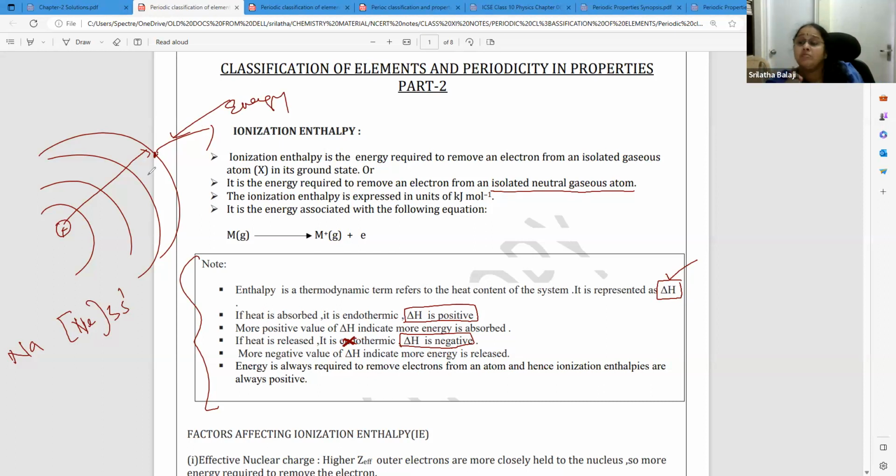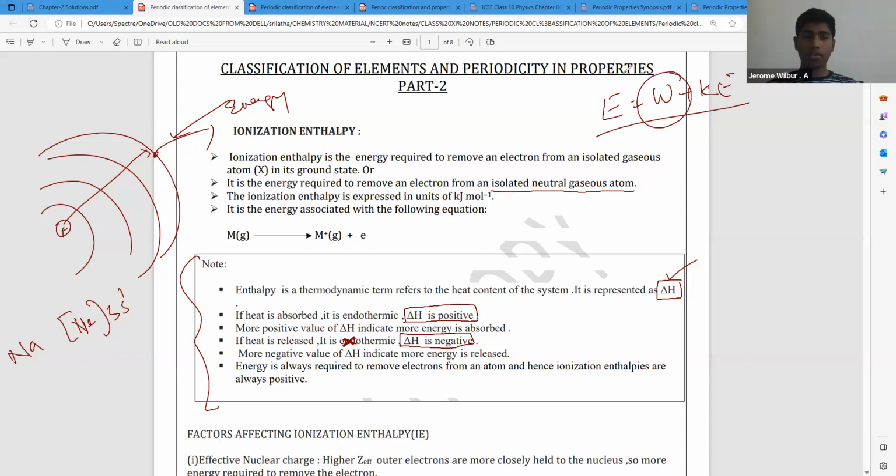Remember, this is the same thing you would have used in Einstein's photoelectric effect. Did you do Einstein's photoelectric effect? What is the equation? E is equal to W plus KE, right? h nu is equal to h nu naught plus half m v square. What is this W? Work function. What is work function?